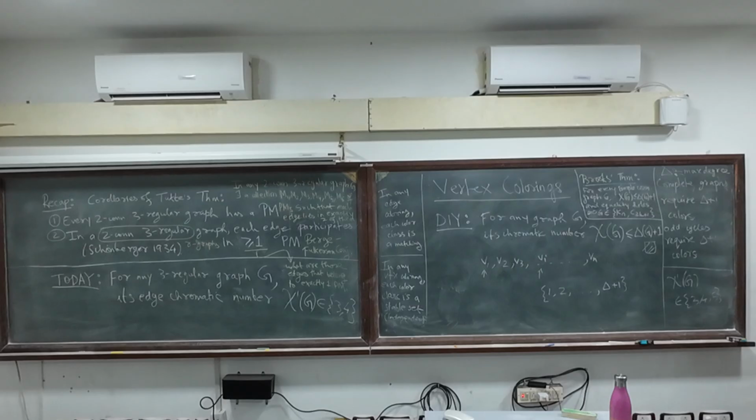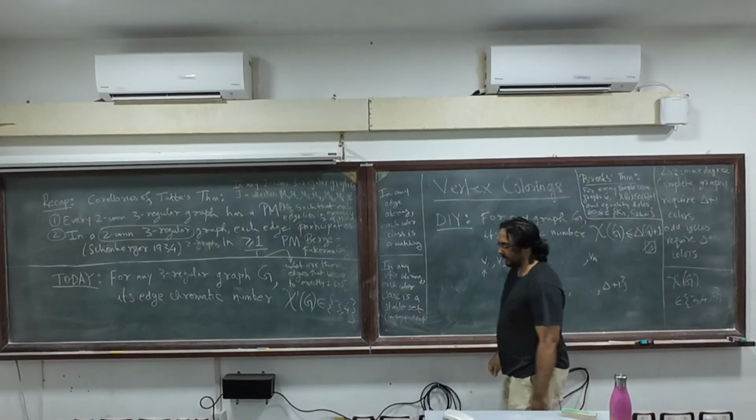Either it's a complete graph Kn or it is an odd cycle C2k plus 1.